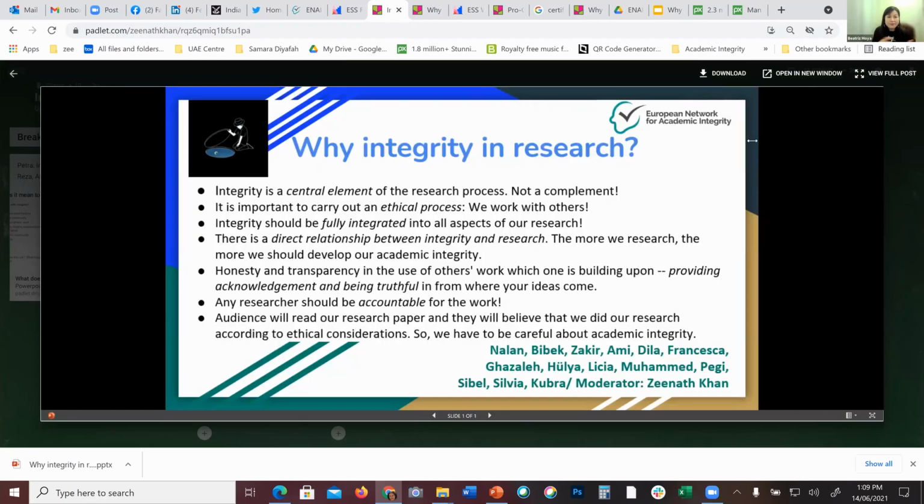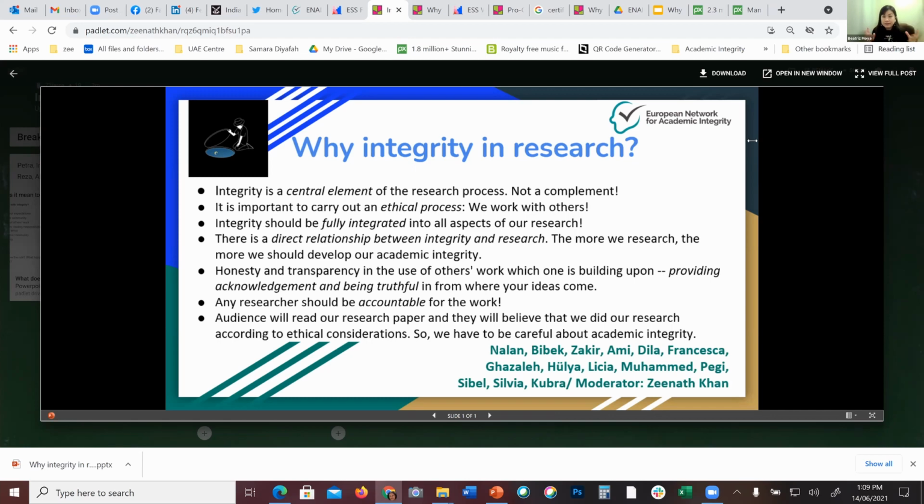So first of all, one important aspect here is that even though we come from different backgrounds, when we started discussing the idea of why integrity in research, we could easily see that there was a sort of convergence in our views. And so some ideas there were that integrity is a central element of the research process.